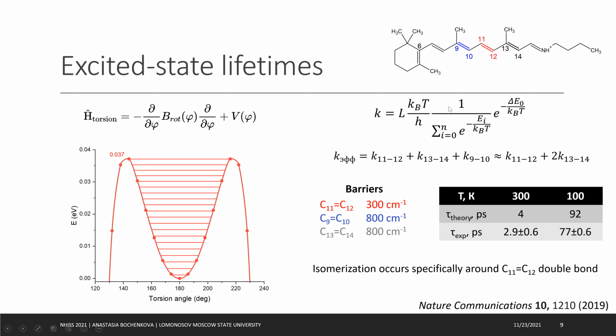From this statistical prefactor, we use the partition function that is related to our reaction coordinate. And since the potential for the reaction coordinate, the potential that hinders intramolecular rotation in the first excited state, is highly anharmonic, we solve the one-dimensional Schrödinger equation numerically to find the eigenstates, the torsional levels that fit into this potential.